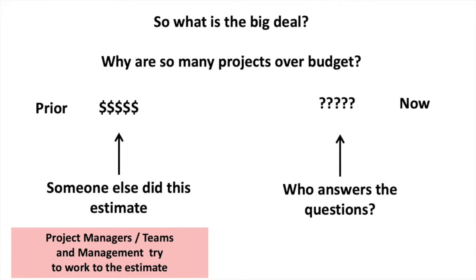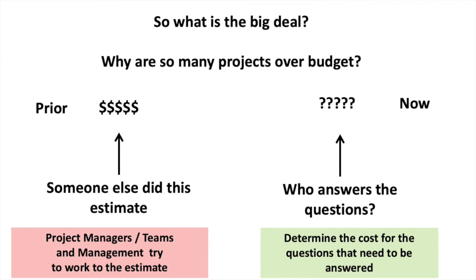So project managers and teams and management try to work to this estimate. So here's the challenge right here. Somebody gave us an estimate some time ago, and instead of us asking and answering questions, which is what we should do, we try to work back to this budget. That in itself is a problem.